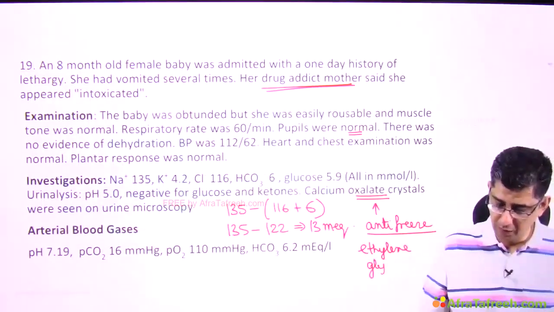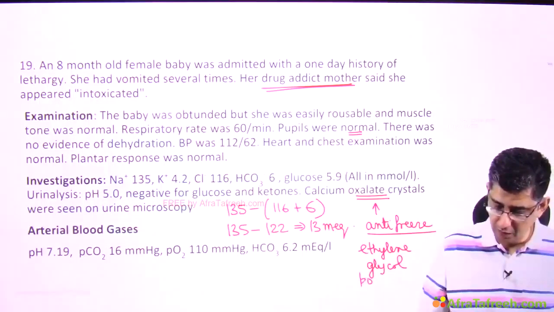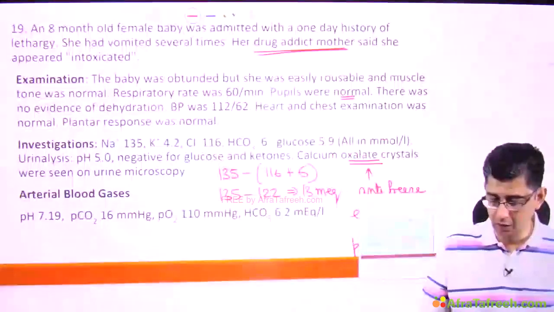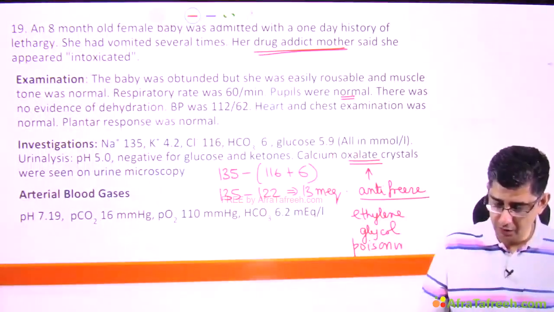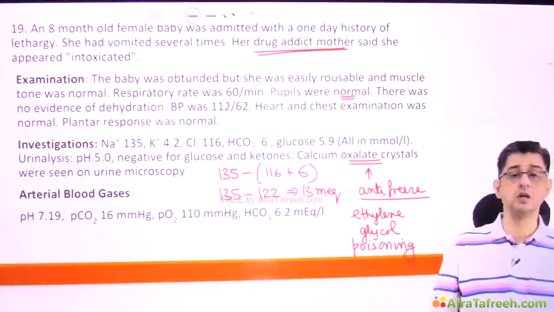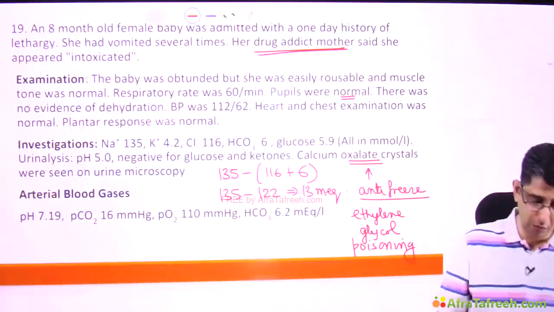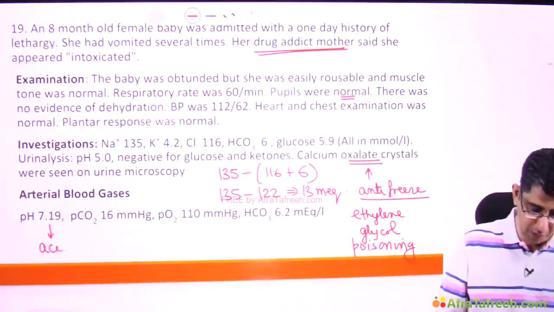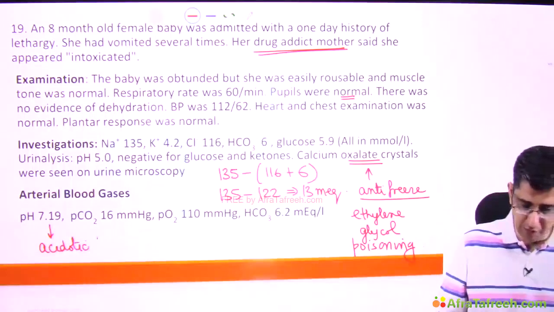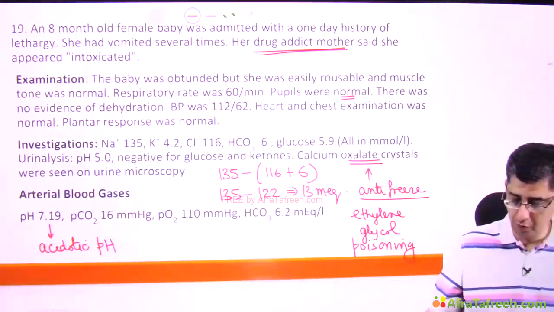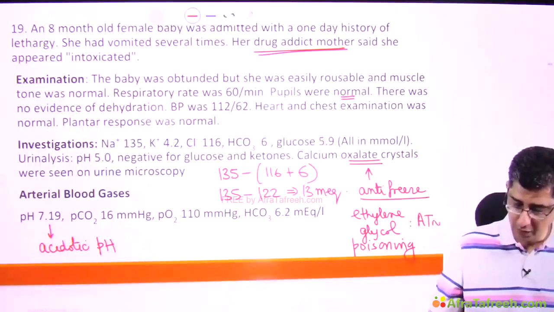So remember that ethylene glycol poisoning is a manifestation that is encountered with antifreeze. In these patients, you will notice an acidotic pH, explained by the fact that there is acute tubular necrosis in process, so the kidney is failing.